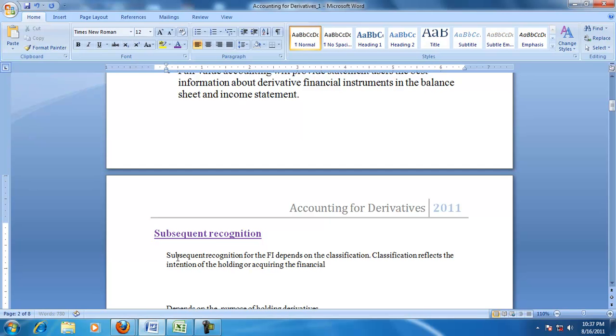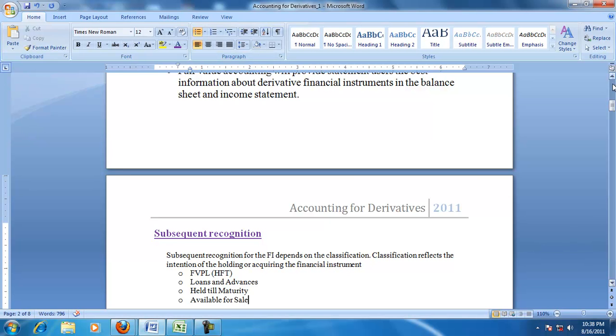We know that financial instruments can be classified into FVPL, that is held for trading, or loans and advances, or held till maturity, or available for sale.